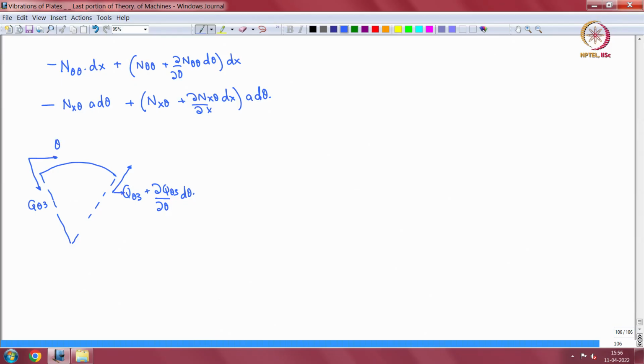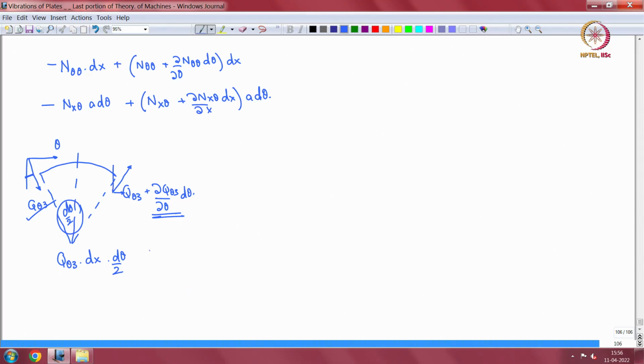If this angle is d theta by 2 and this is d theta by 2, we want the sine component. So the sine component is multiplication by d theta by 2, and the smaller increment will get neglected. So we get q_theta3 into dx times d theta by 2 for this force.